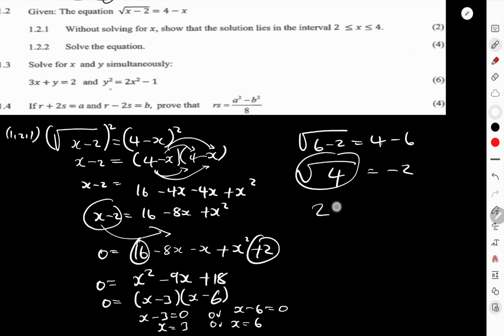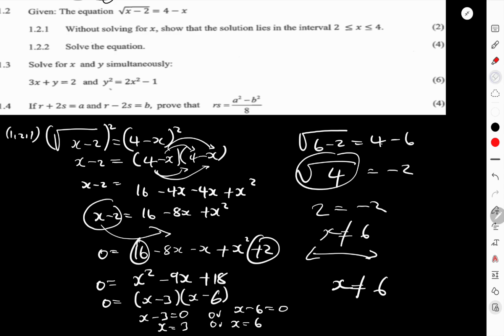We're going to have 2 equals negative 2, but then we know that 2 and negative 2 are not equal. Therefore x cannot be what? x cannot be positive 6, because if I substitute the value of x being 6, the left-hand side and the right-hand side are not equal. Therefore x is not equal to positive 6.